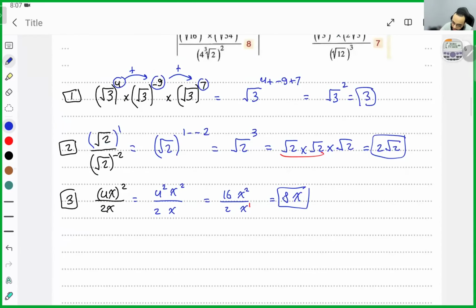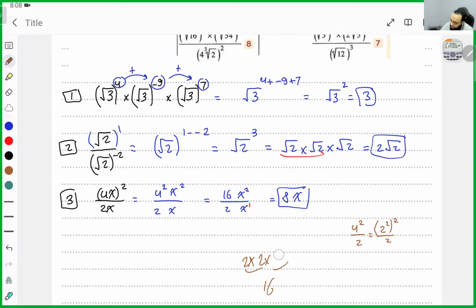Here, instead of the 4, if you have 4 power of 2 over 2, you can write it as 2 power of 2 all power of 2 over 2. It's correct also, because 2 power of 2 all power of 2 is power of 4, which is 2 times 2 times 2 times 2, which is 16.